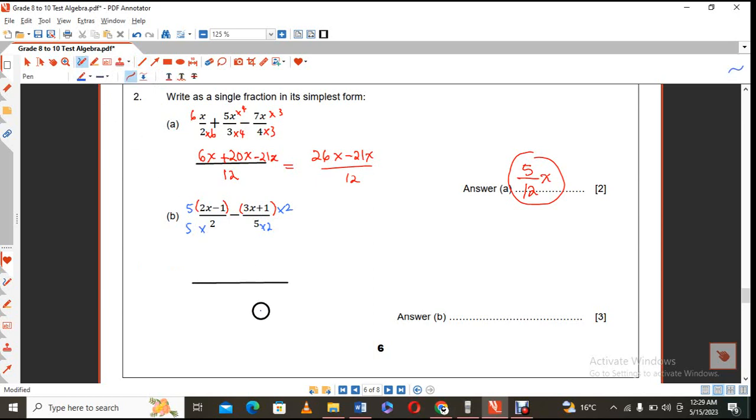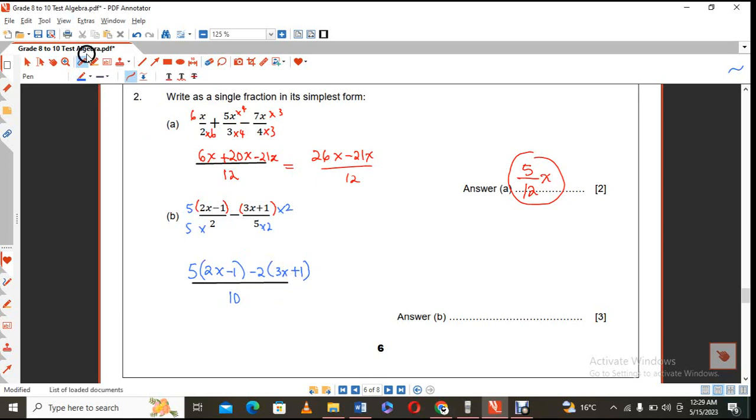So 10 is my LCM. I've got 5 in bracket, I have 2x minus 1. Perhaps just write it neatly. You have to be a bit careful here. 2x minus 1. And then you have negative 2. Okay. And then you have 3x plus 1.